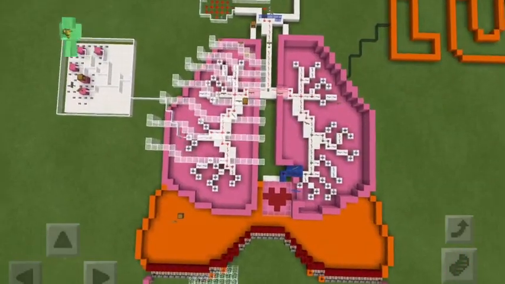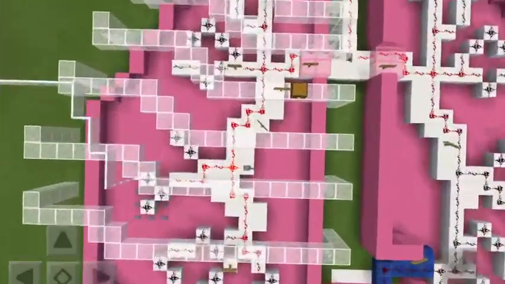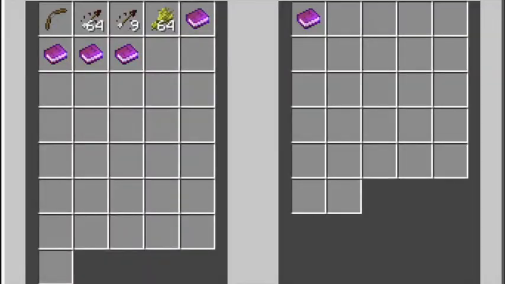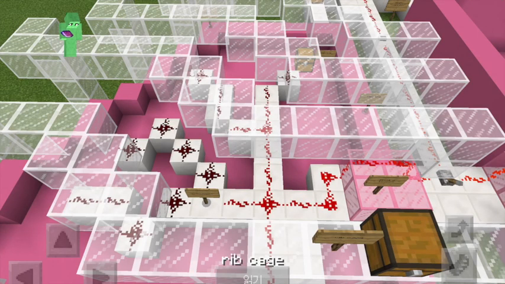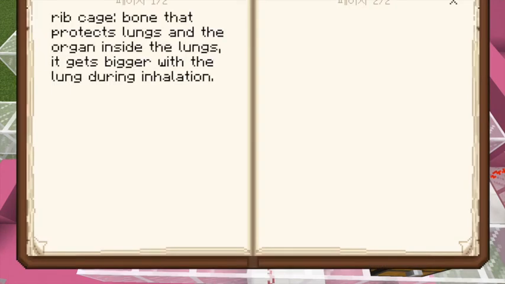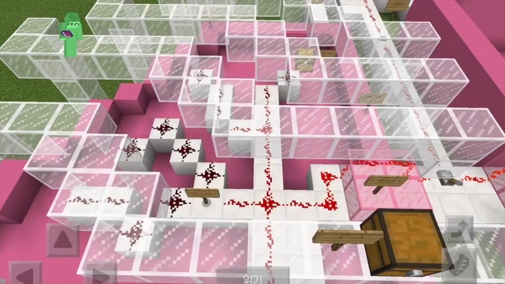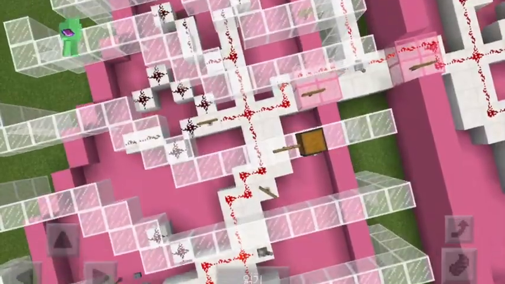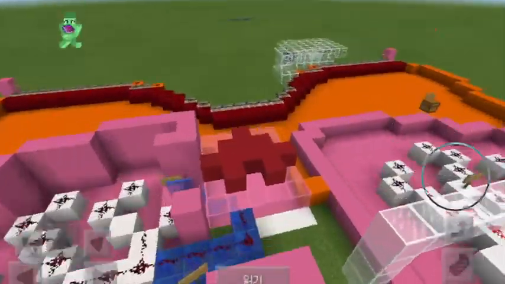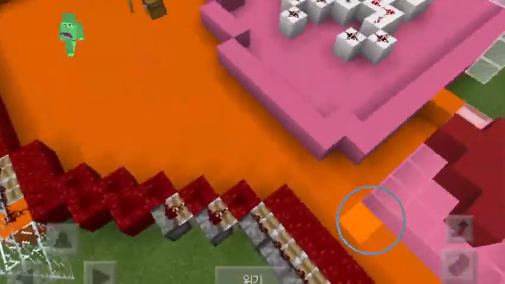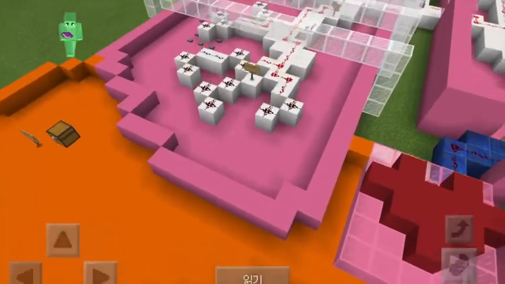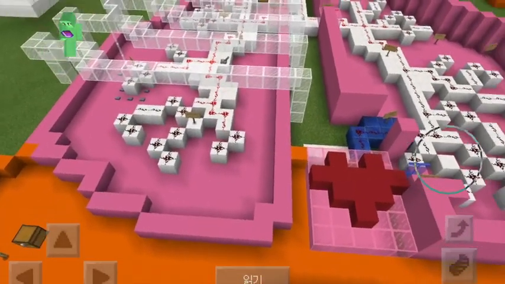So there is a rib cage over here, on top of the lungs. If you see the definition, the rib cage is a bone that protects the lungs and the organs inside. It gets bigger with the lung during inhalation. As you see, the diaphragm can enlarge too in the inhalation.